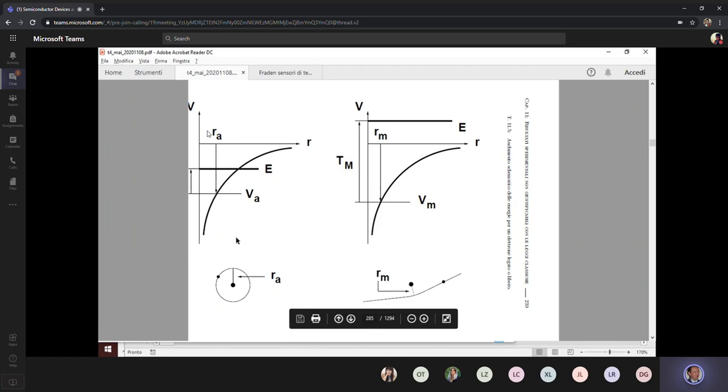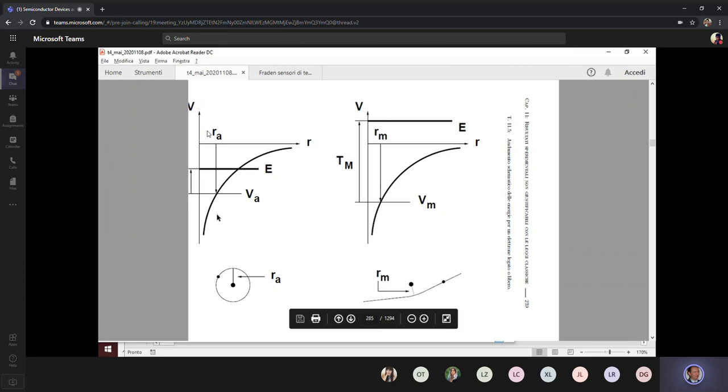In any case, the motion will be bound to the nucleus, okay? The electron cannot escape to a distance arbitrarily large from the nucleus, okay?